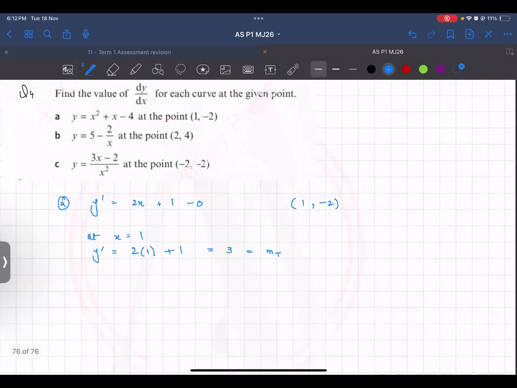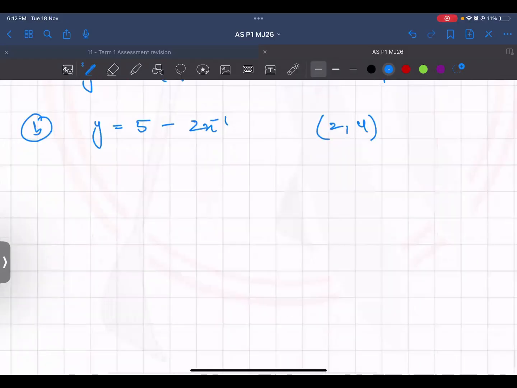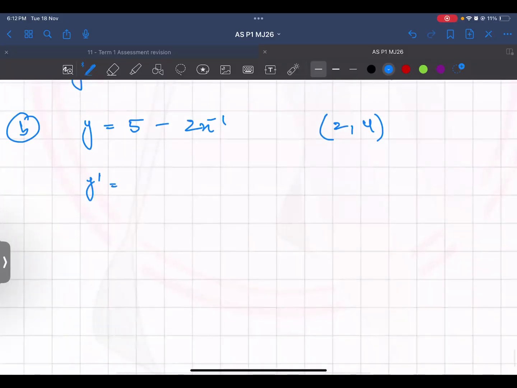Part B. y is equals to 5 minus 2 upon x, right? Is the question. And the point is 2 comma 4. So first we would differentiate it the usual way. The differential of a constant is 0. And for this one, the power comes down and multiplies.